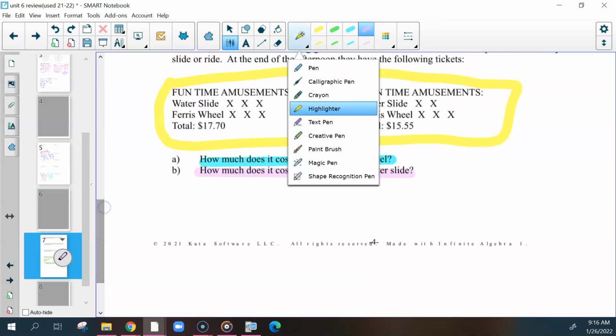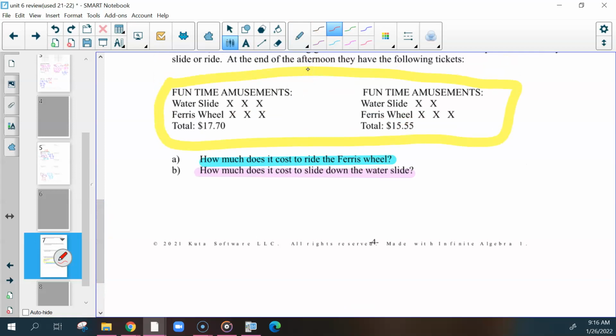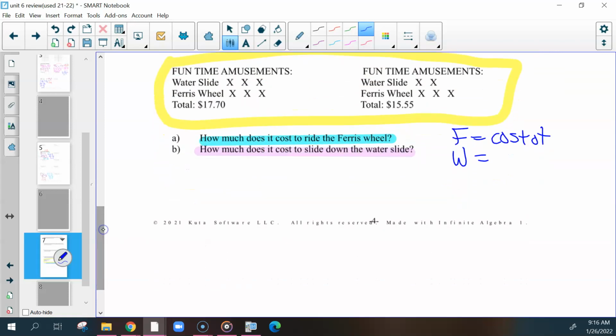First, we don't know how much it costs for each, so those are going to be our variables. You can call them F and W, W and S, doesn't matter. And this is going to be the cost of a ride, one ride on the Merrill.